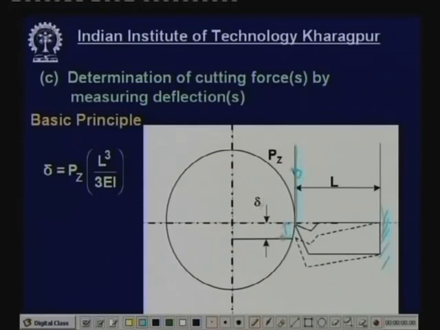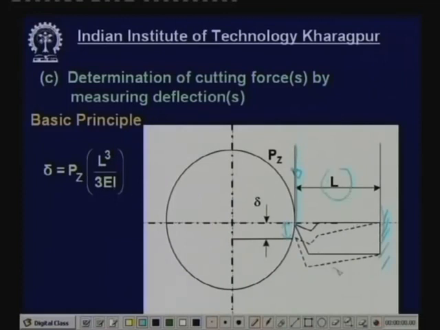Now this delta deflection is visible, it can be measured, unlike the force Pz. Now this delta, if it is a cantilever beam, is equal to Pz, the force, times L cube, where L is the length of the projection or cantilever, divided by 3EI. What is E?